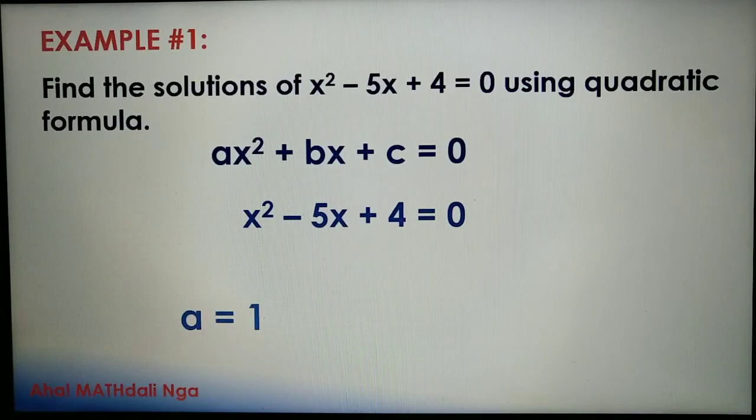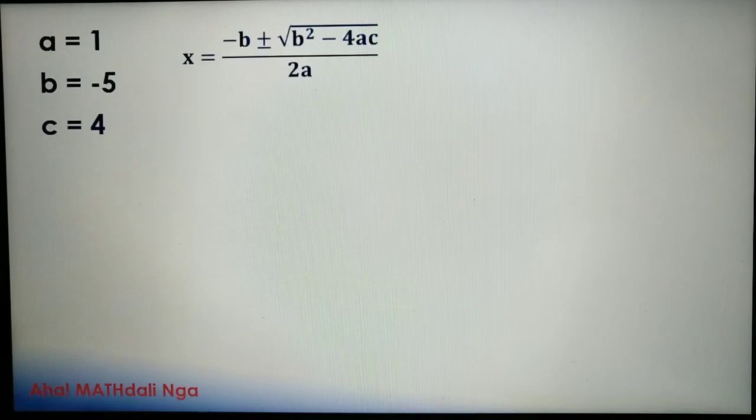Our a is equal to 1, our b is equal to negative 5, and our c is equal to 4. These are now the values of a, b, and c. Then we will use the quadratic formula.